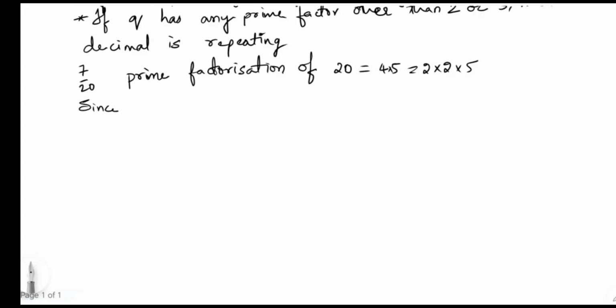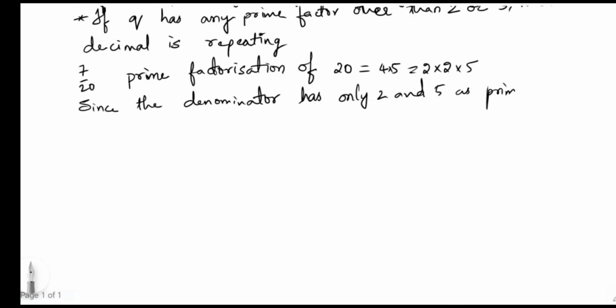So since the denominator has only 2 and 5 as prime factors, 7 by 20 has a terminating decimal.